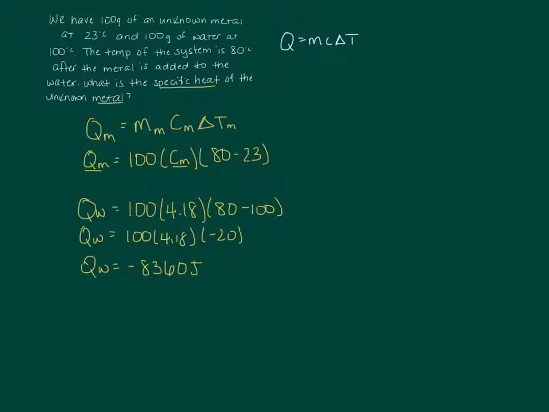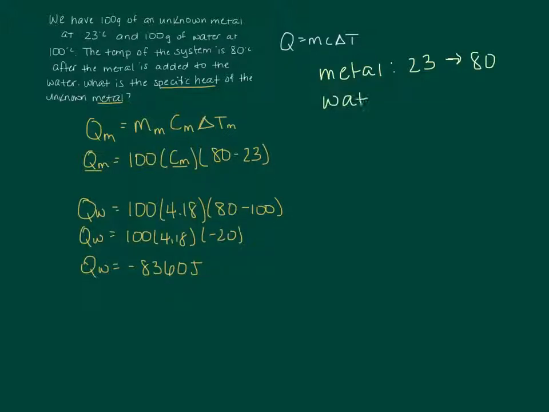Well, I know that when I mix two substances at different temperatures, the heat lost by one substance is going to be the energy gained by the other substance. In this case, my metal is starting at a temperature of 23 degrees Celsius, and once I mix it with the water, its temperature rises to 80 degrees Celsius.